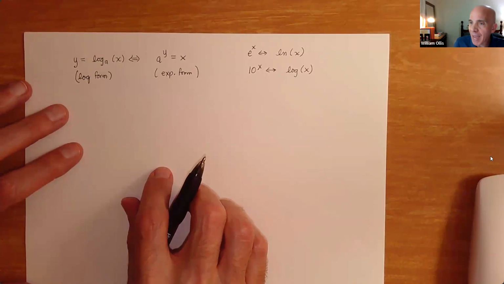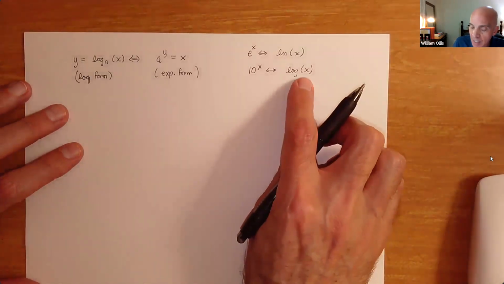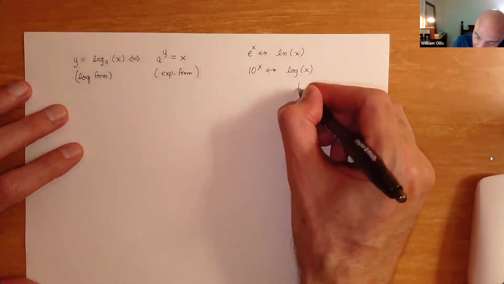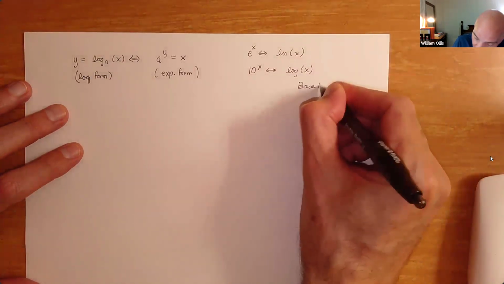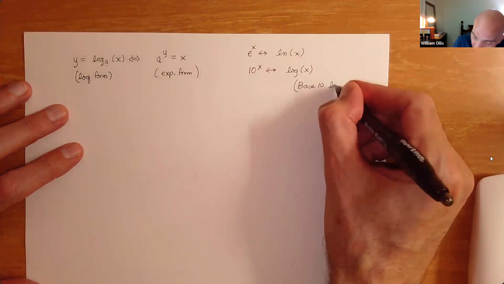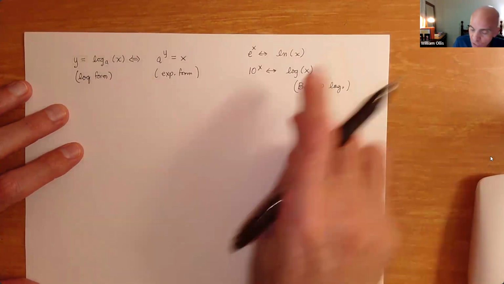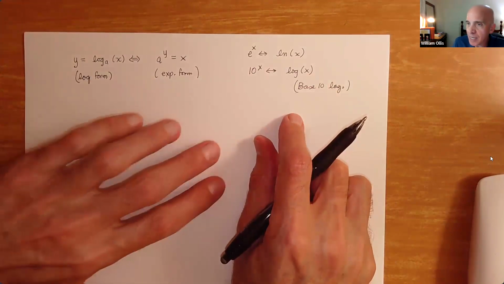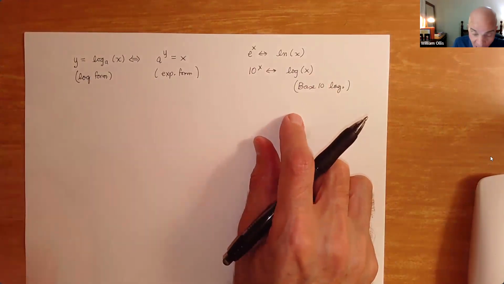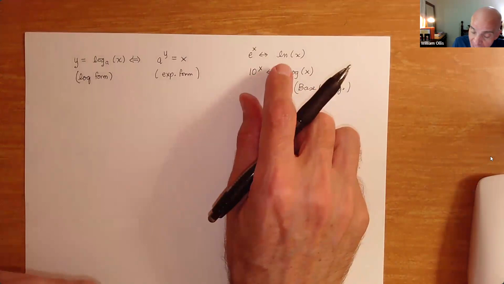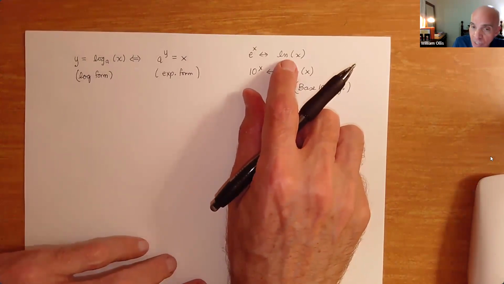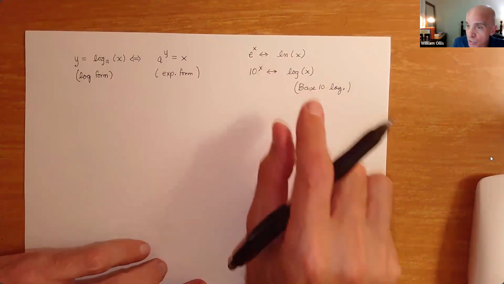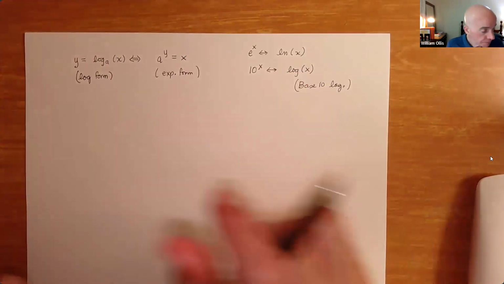In the absence of the 10, the assumption is that it's base 10, the common base. These are special symbols for bases that are distinguished in our mathematics. So again, the base e logarithm is notated ln, and the base 10 logarithm is notated log.